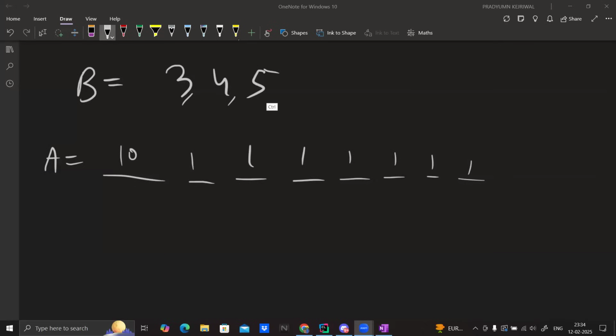Sorry, A can't have duplicates. That's right. So I'll just erase this and make it like 10, 1, 2, 3, 4, 5, 6, 7. Okay. So now if I apply B on this index, then it will become 3, 4, 5.